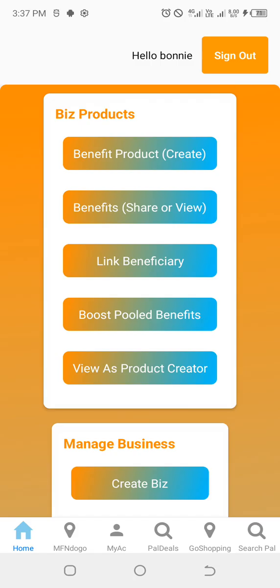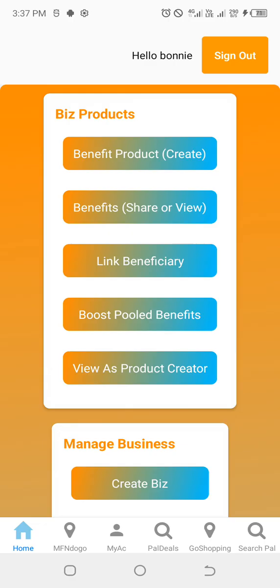So we have four scenarios. It could be purchasing goods or selling goods, sending money or receiving money. Those four scenarios show you it's a huge market there.